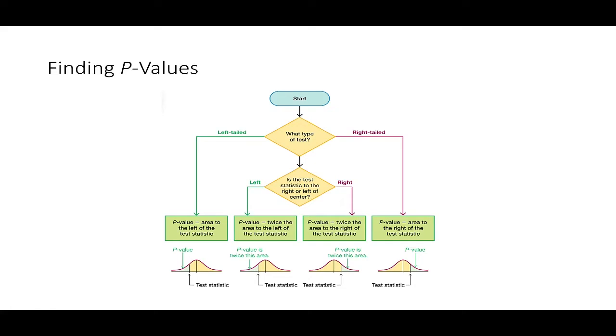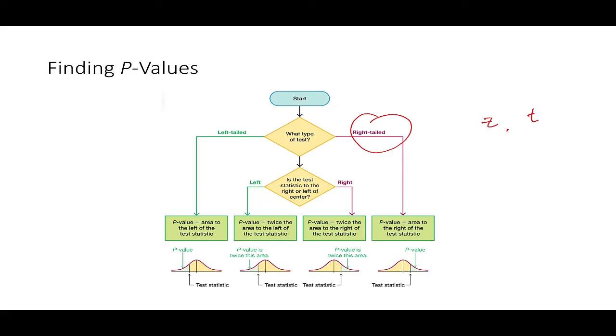Based on the situation, if it's a right-tail test, then we find the p-value for the area to the right of the test statistic. What test statistic are you using? Maybe it's a z-score or maybe the t-score. Based on the z-score or t-score, we find the p-value.